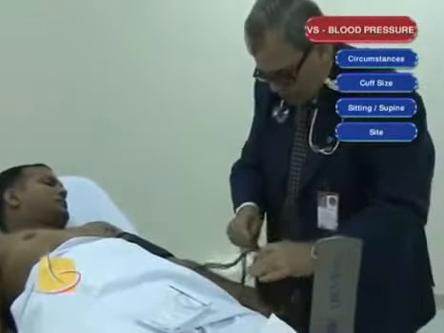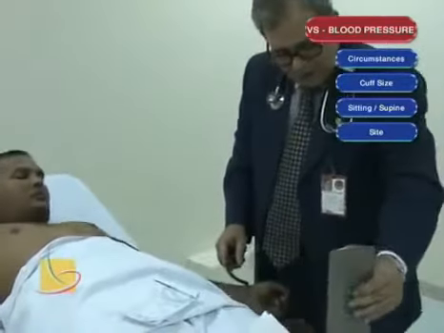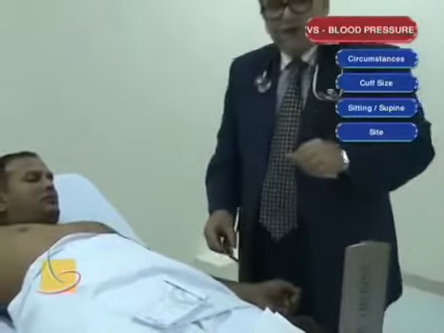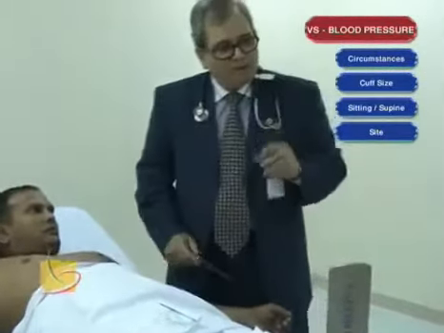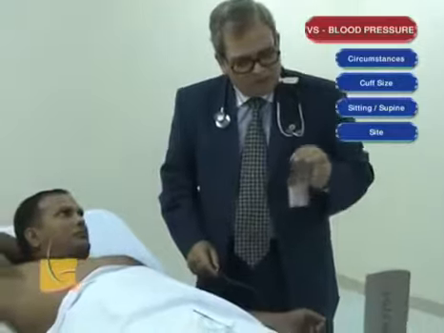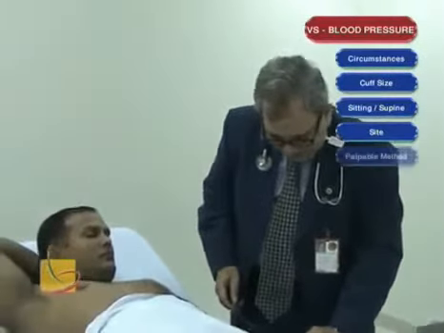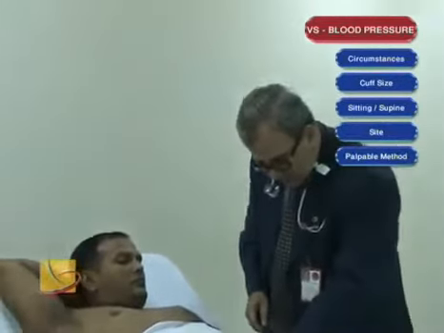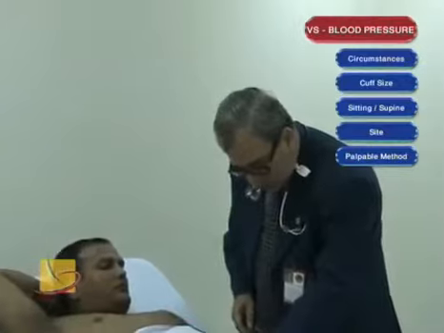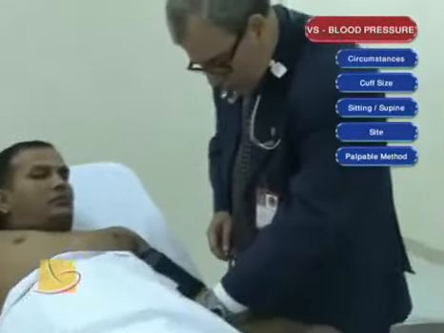this bulb to be able to inflate whenever I want, and I keep my eyes on the mercury column. I start with what is called the palpatory method of measuring the systolic blood pressure, by palpating the radial pulse like this, or the brachial pulse. And it will be a chance to know where the brachial artery pulsation is for the stethoscopic method.